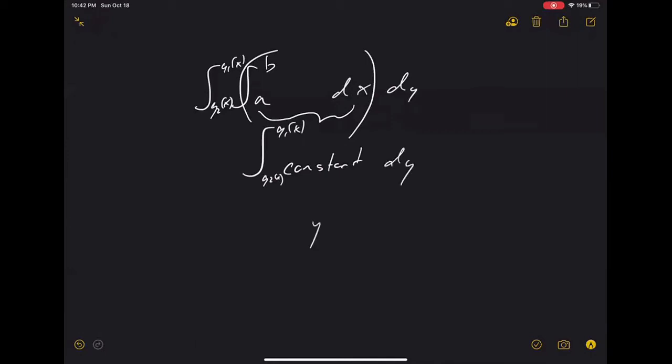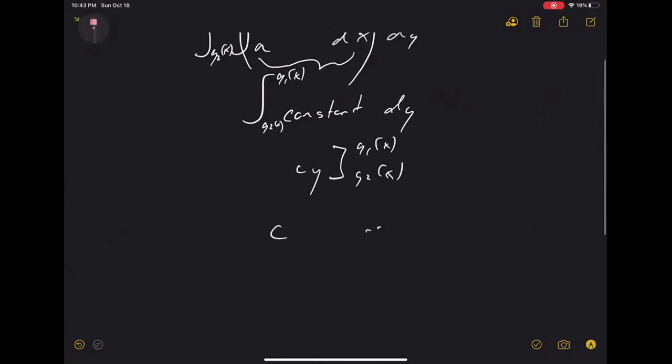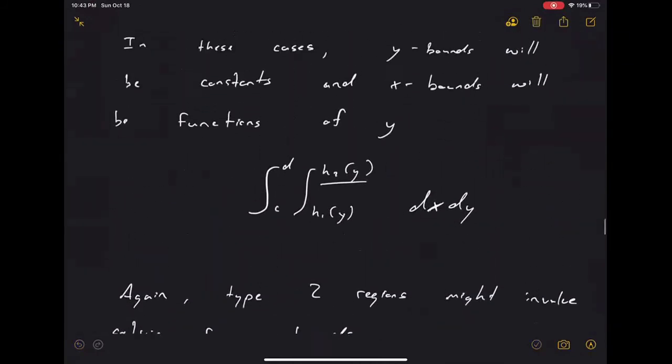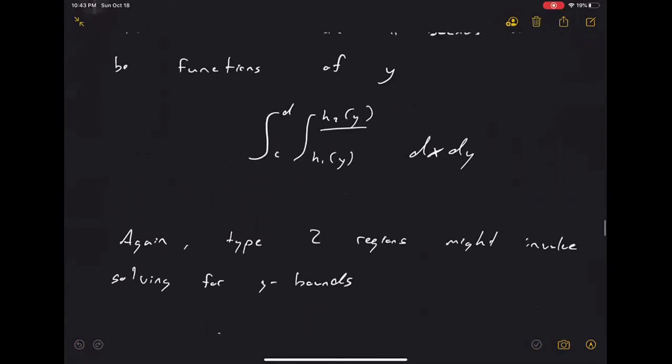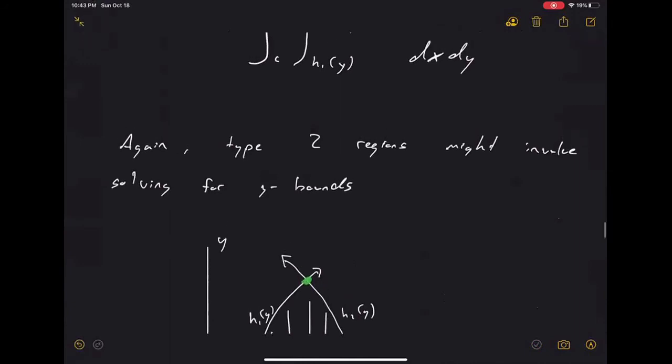So my integral would basically be c y with these bounds, and then I plug these bounds in and I would end up with c times g1 of x minus g2 of x, which is still just a function. That's not what I want. So we see that when we have functions in our bounds of integration, they need to be the inner integral.